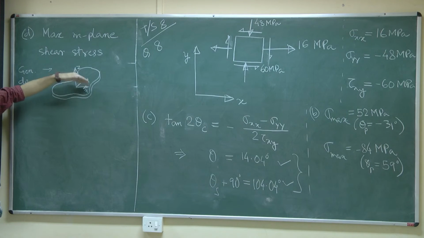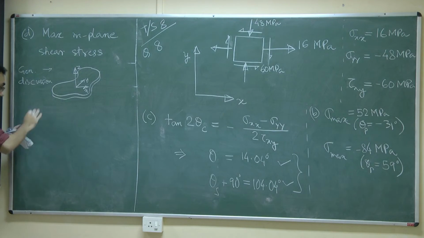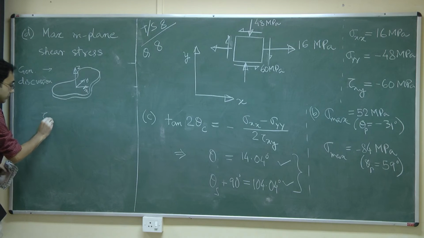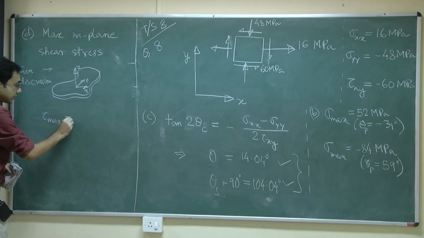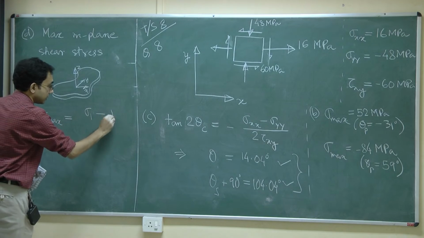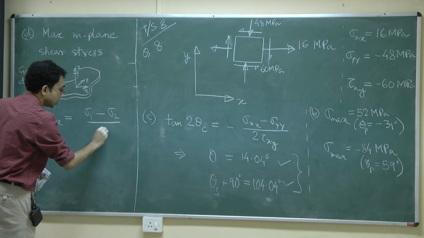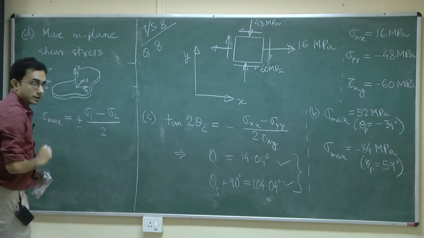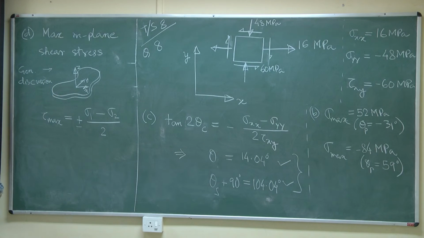So sigma xx, sigma yy, all these things, and sigma zz was all along 0. When we found the maximum shear stress, we found its expression as sigma 1 minus sigma 2 by 2, plus minus.